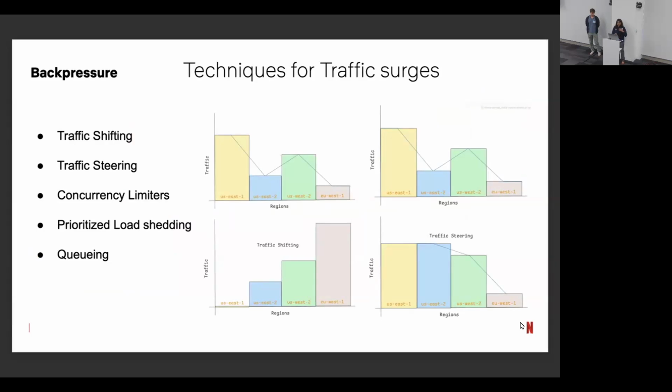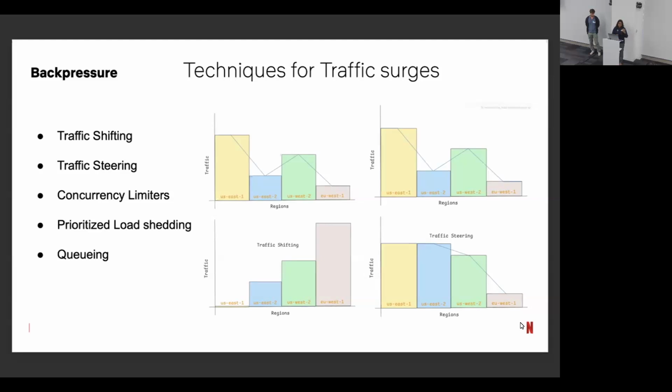That's all great, but the database is still underneath replicating the data and still in a trouble state. So we can throttle the data by applying some concurrency limiters. Prioritized load shedding is another interesting technique that we'll cover later.